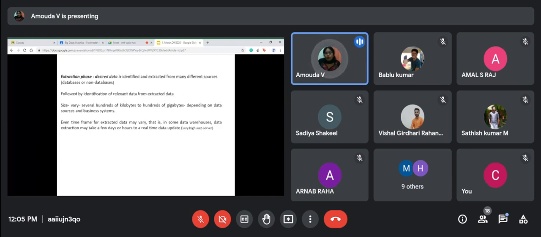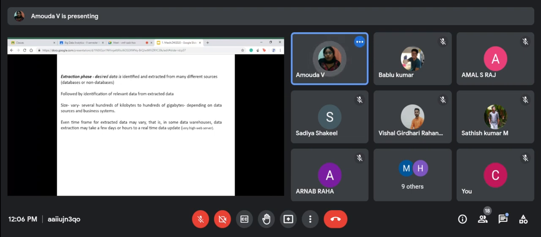So what does this extraction mean? Extraction is a three-stage process, I should say. In the extraction phase, first you have to identify the required data. Identification will take longer time.